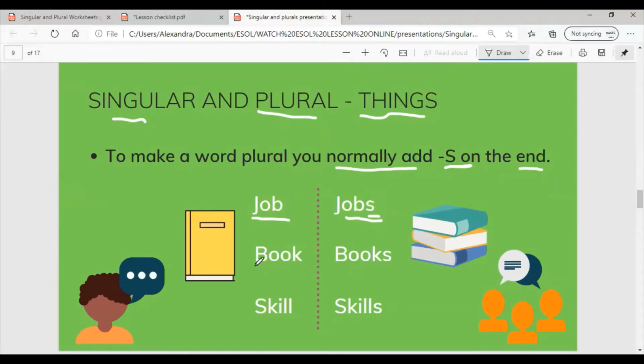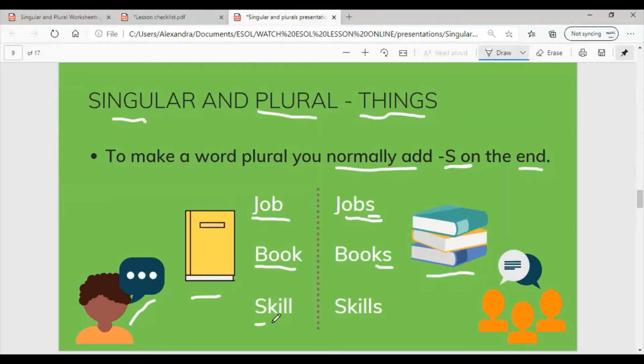And the same goes for book. Book is our singular, but when we add the S on the end, we get several, we get many books. So we know there's more than one. Now, if you remember this word skill, it means something you're good at, something you've got experience of doing. So one of these things might be communication. So you might have good communication.